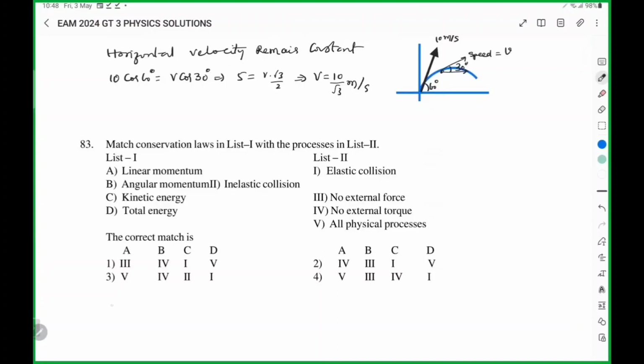So here no external force implies force external is equal to 0, implies dp by dt is 0. That is, momentum is conserved.